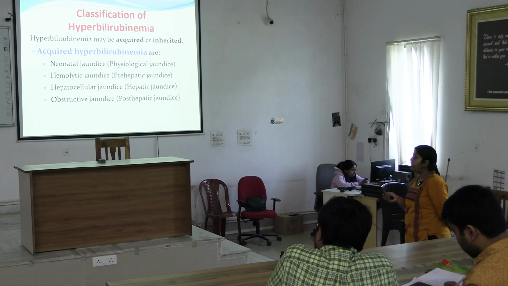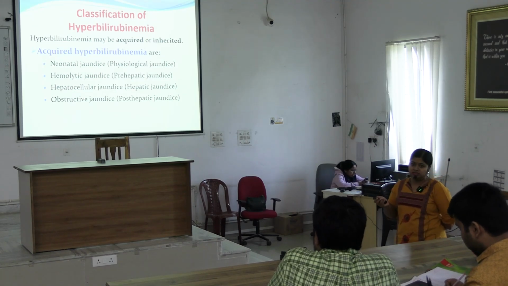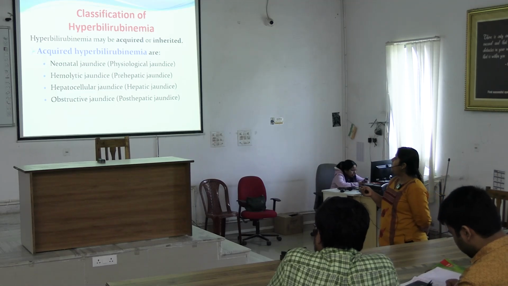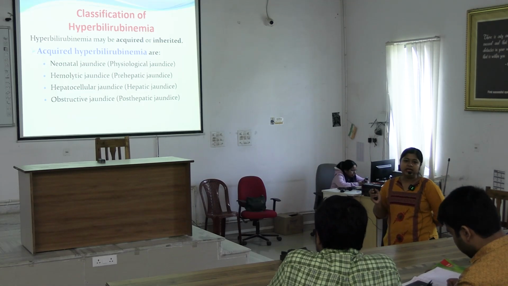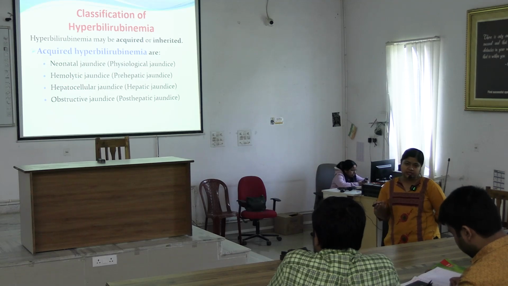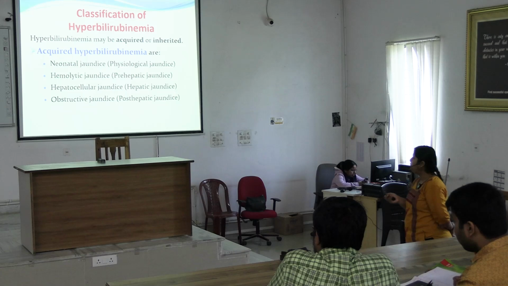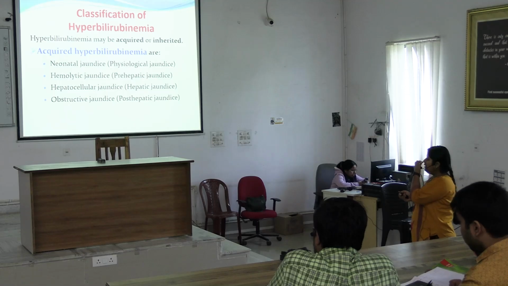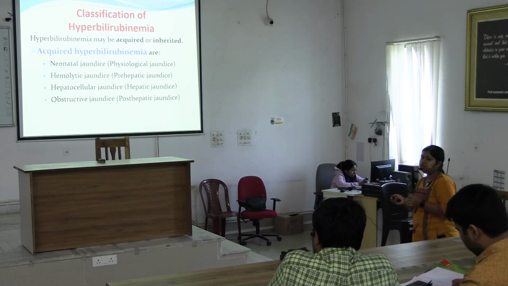Now, classification of hyperbilirubinemia. How to classify? It can be classified as acquired or inherited. Inherited means it is present by birth, and acquired means it has occurred after birth. Acquired hyperbilirubinemia can be of these 4 types. Neonatal jaundice, also known as physiological jaundice.